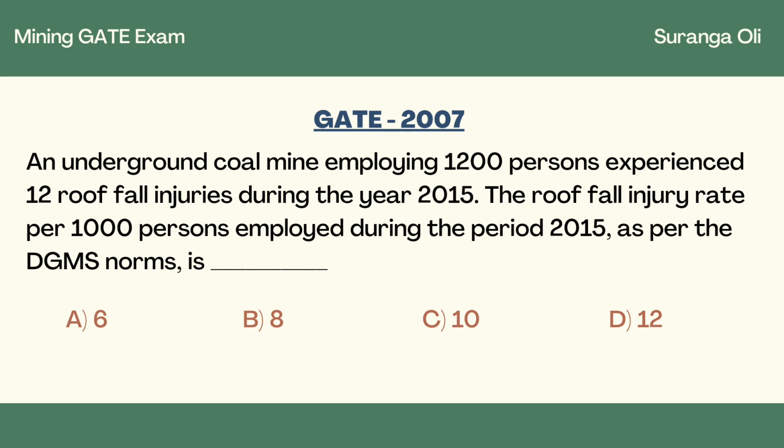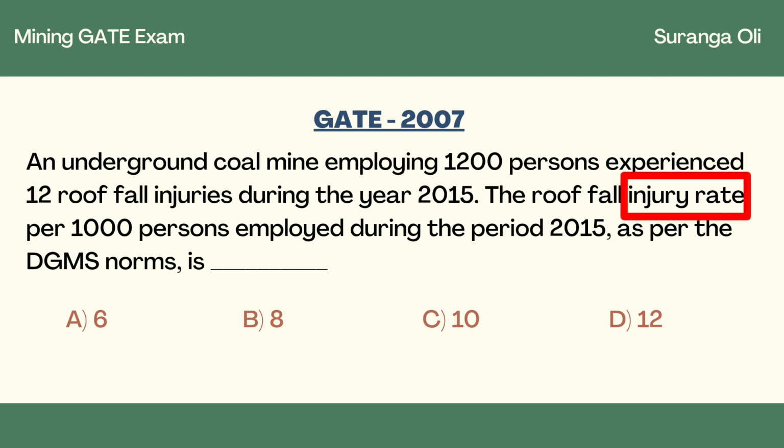The roof fall injury rate per 1000 persons employed during the period 2015 as per the DGM norms is option A 6, option B 8, option C 10 and option D 12.